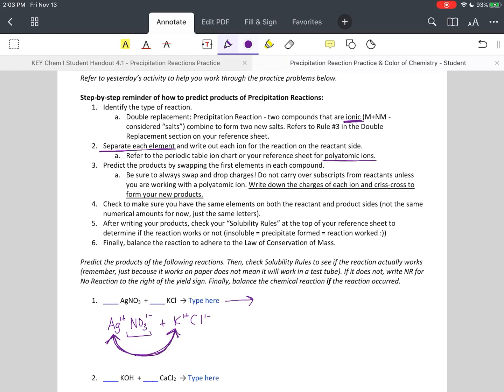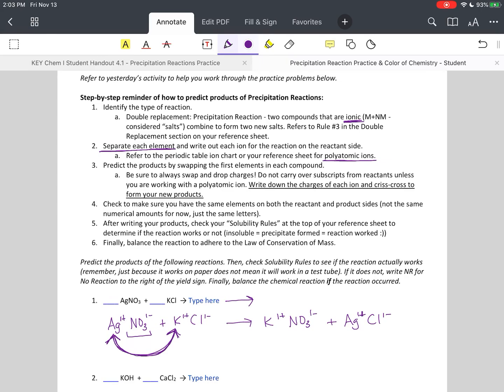Whereas originally I had silver with nitrate, this time I'm going to have potassium. Remember, potassium has a 1+, and I still have my nitrate ion there. Then with my chlorine, it's going to be silver. That's a 1+, and then there's my chloride ion.